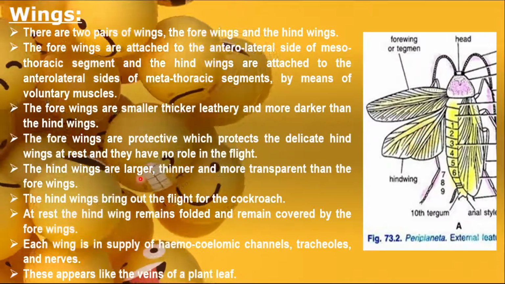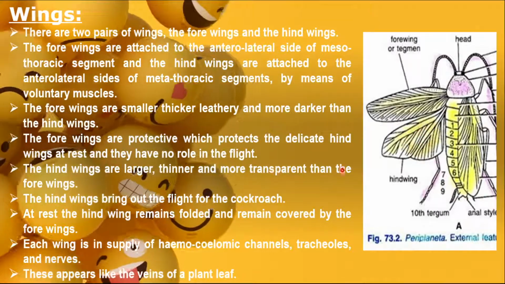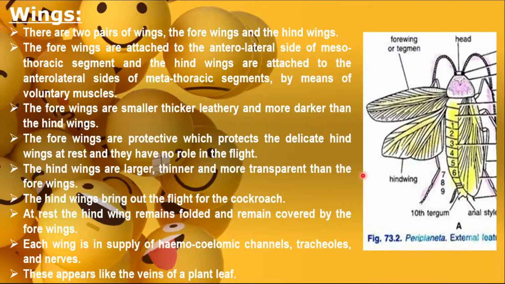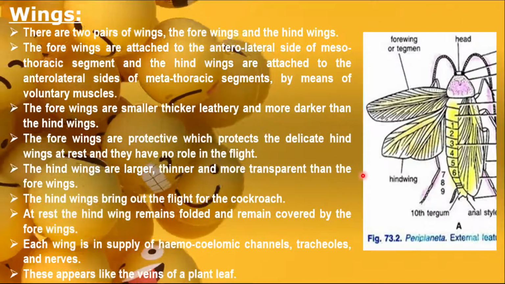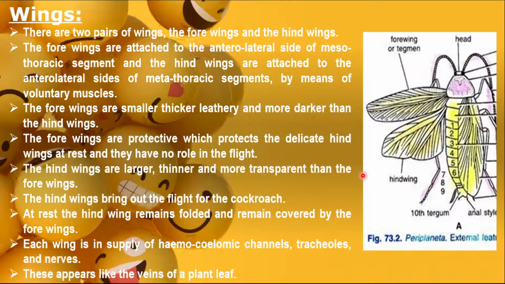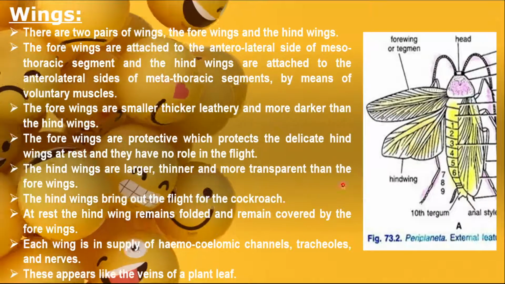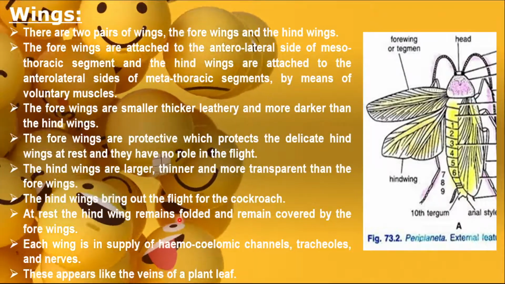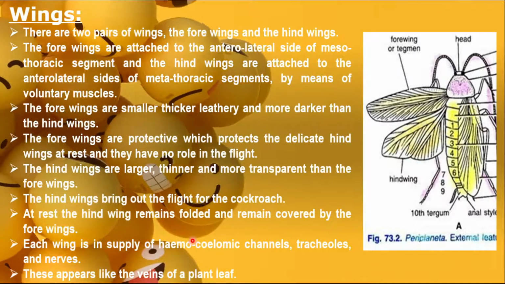So the hind wings are larger, thinner, and more transparent than the forewings. Only the hind wings help in the flight of the cockroach. At rest, the hind wings remain folded and covered by the forewings.